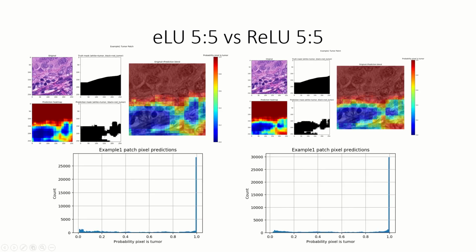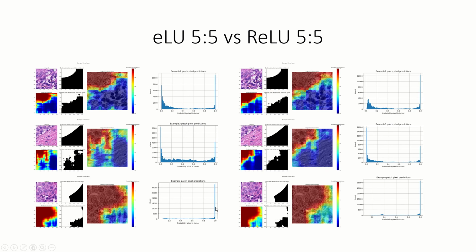But let's look at the heat maps and the histogram to see which model performs better. From the heat map predicted mask, you can't really tell which one's working better, and it's very hard to tell from the prediction histogram. They're all pretty much the same.